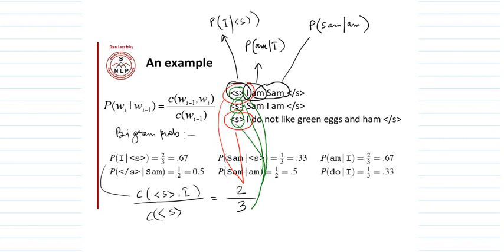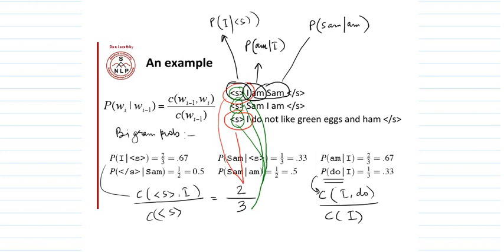Let's take this one: P of do given I. So the count of I comma do divided by the count of I. We can also write it the other way, the count of wi minus 1 comma wi, or both ways.